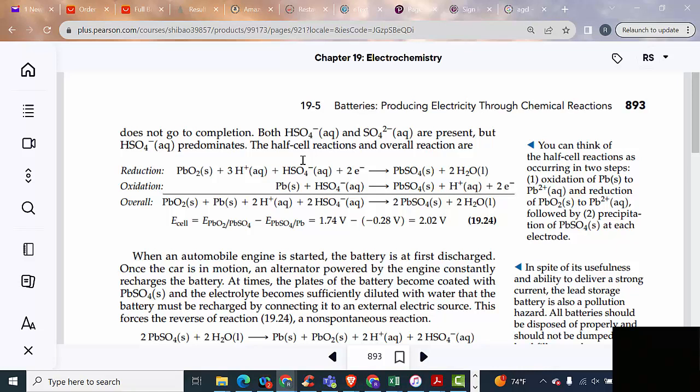And so what are we oxidizing? We're oxidizing lead. But rather than forming lead 2+, they have bisulfate in there. And what's going to happen with the bisulfate is it's going to precipitate out the lead as lead sulfate. You see that?